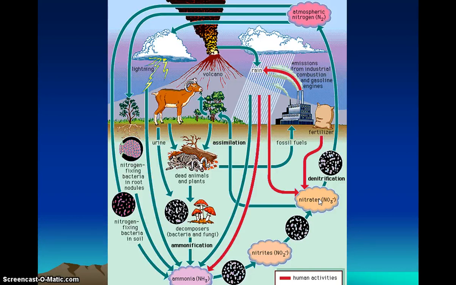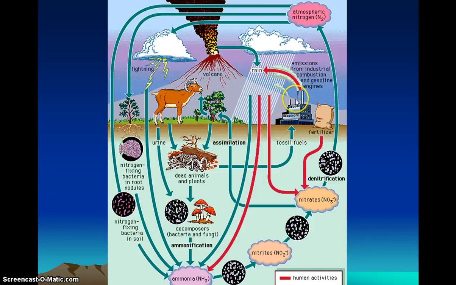So here is the nitrogen cycle by human and by natural activities. The blue, which is cut off the screen, is for natural activities, and the red is from humans.